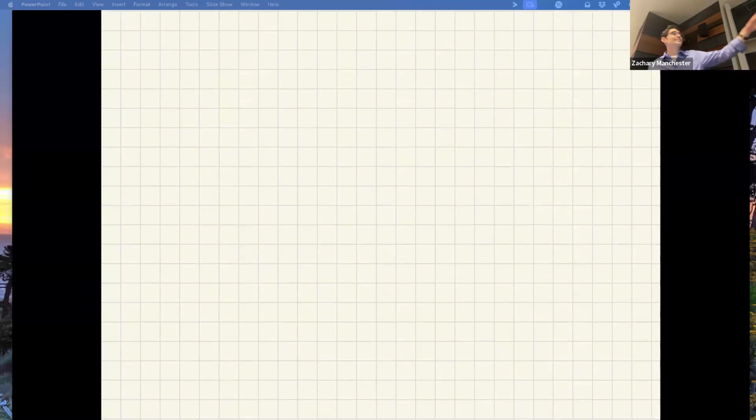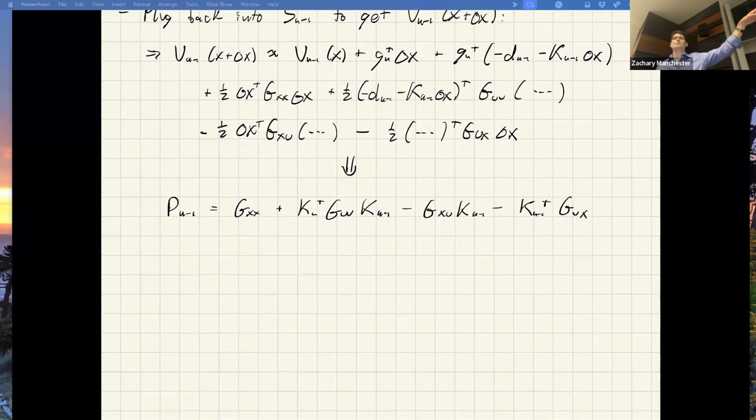So this first line is exactly Riccati. This is the big P. This is what we already had from LQR. The little p is the new part. And, you know, turn the crank, no big deal. What we have up there is just me rewriting this stuff in this form.